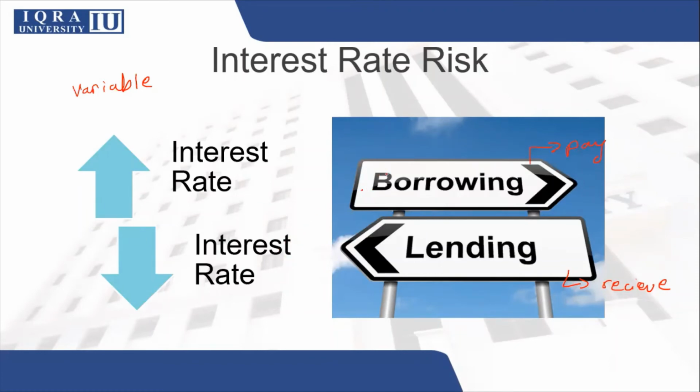So if you are a borrower, you will be worried about an increase in interest rate. Whereas if you are a lender, you will be very happy if interest rates are going up because your return is going to go up, and you will be worried if interest rates start to go down. Now, this was a scenario for variable interest rate.